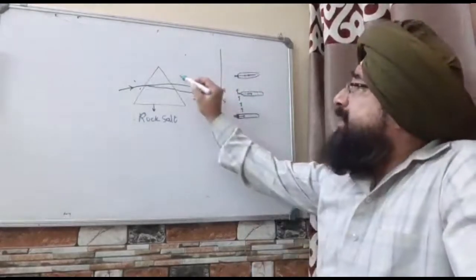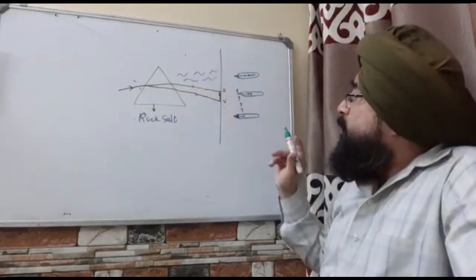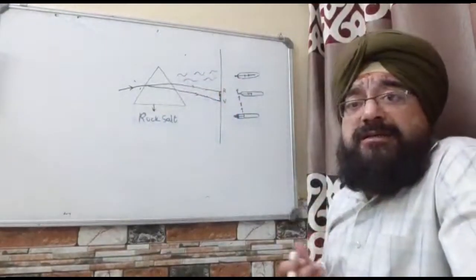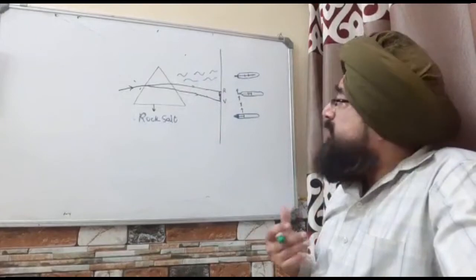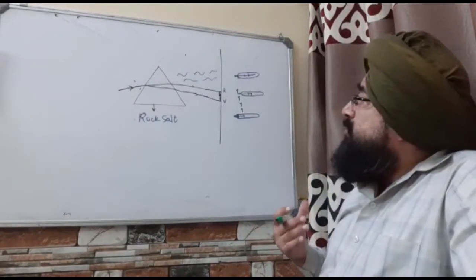That means there might be some radiations present beyond the red end which have a heating capacity, which have a tendency to heat.